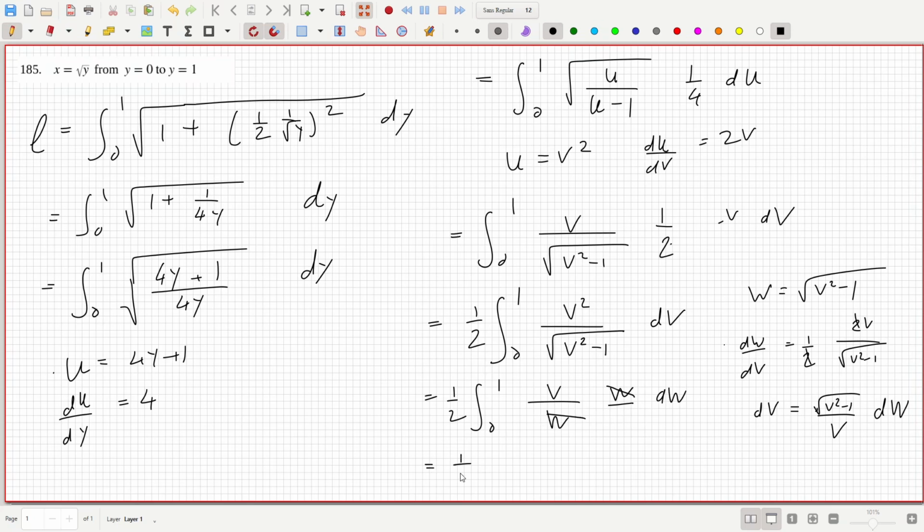So I'll just need to replace the v from here, which would be root w squared plus 1, dw. Now, that is an integration, but strangely it's a trig one, and I thought the answer was going to have a log in it, so I think I might have gone possibly astray here.